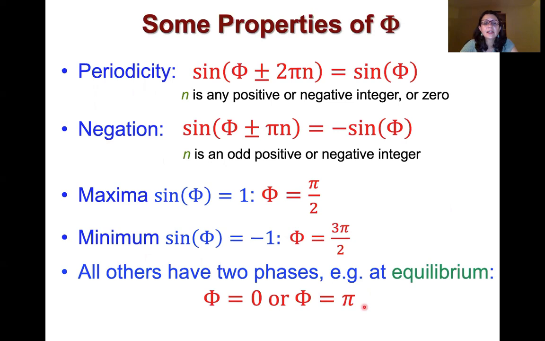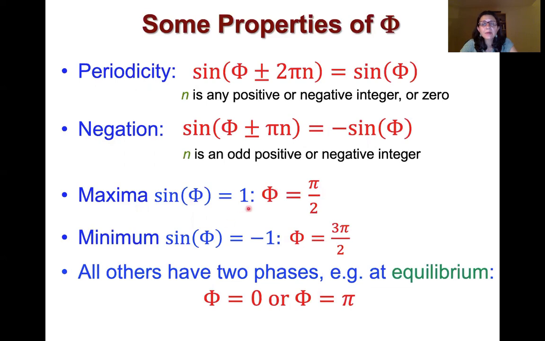Okay, so here's a slide that gives you some important mathematical properties of sine functions. I've already mentioned that whenever you add a factor of 2 pi to a sine function, you get the same value back. If you add a factor of n pi, where n is an odd integer, so let's say pi, 3 pi, 5 pi, that negates the sine function, so you get this negative sign in front.